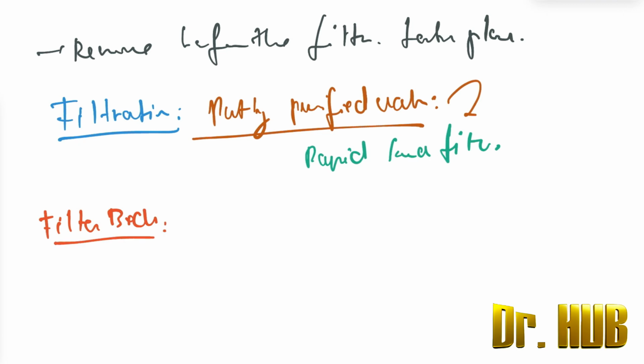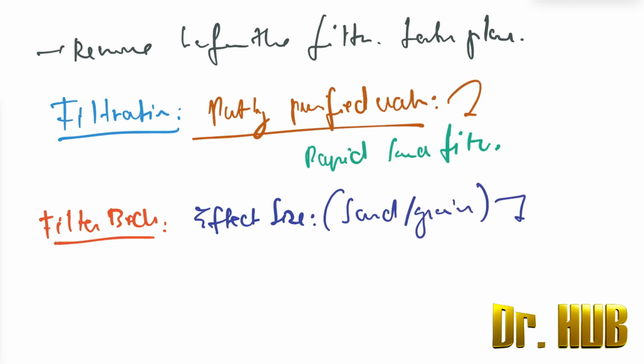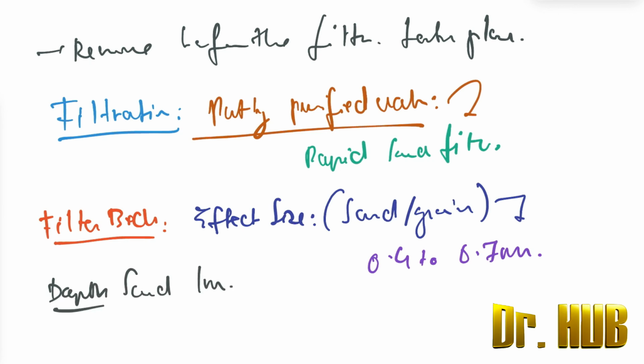The effective size of the sand grains is about 0.4 to 0.7 mm, and the depth of the sand is about 1 meter, with a graded gravel below it.